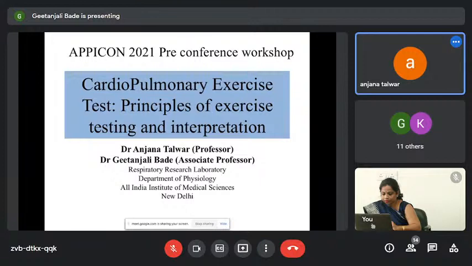As I said earlier, it is an integrative exercise response, practically non-invasive. If you choose to measure bicarbonates or arterial gases, then it could become invasive, but in general, it is a relatively non-invasive assessment of the integrated three systems, that is pulmonary, vascular, and skeletal muscle.